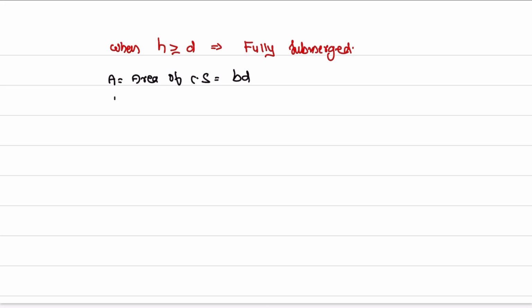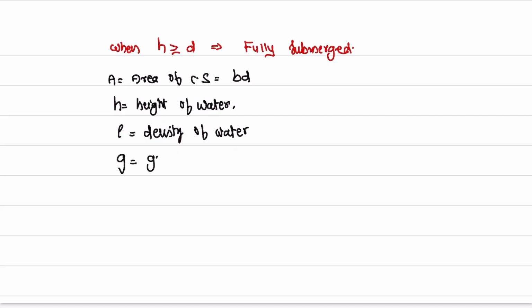And H is equal to the height of water, rho is equal to the density of water, G is equal to gravitational acceleration.